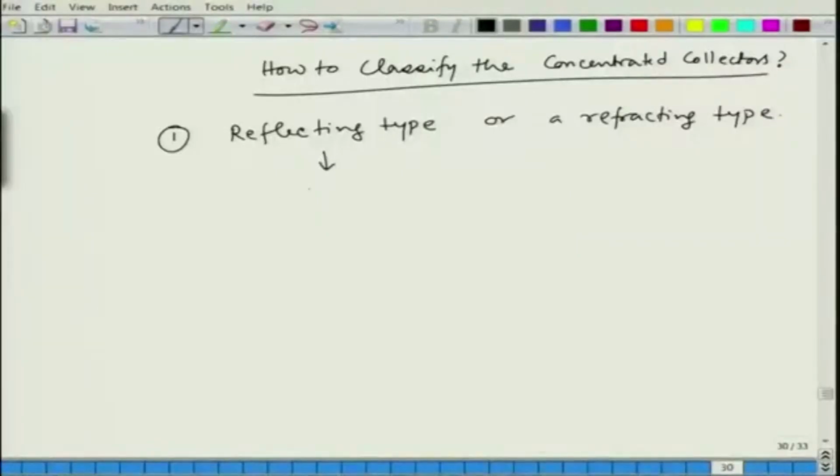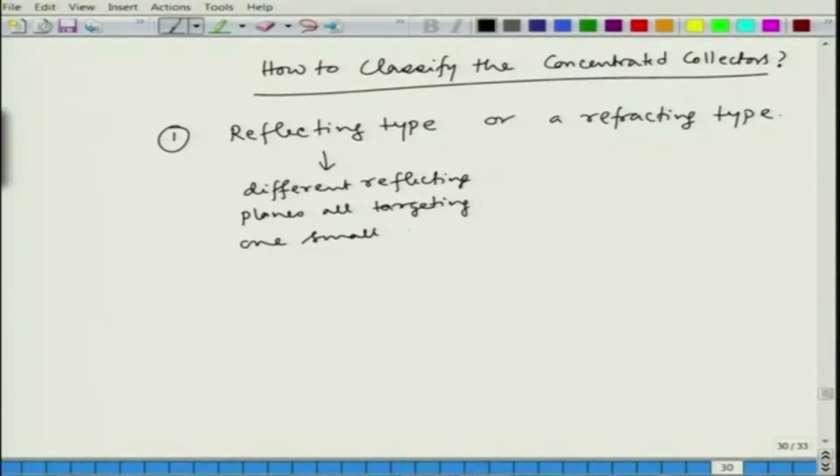So, the basic principle of different reflecting planes all targeting one small area. Okay. That is how the reflecting type concentrator works.